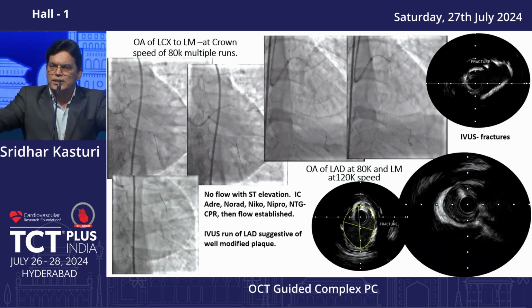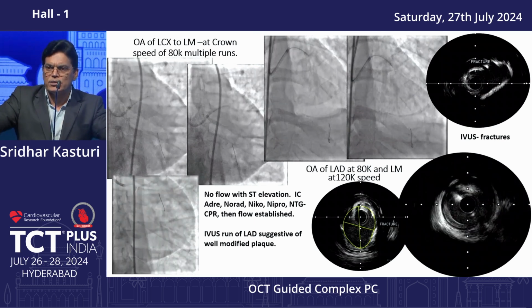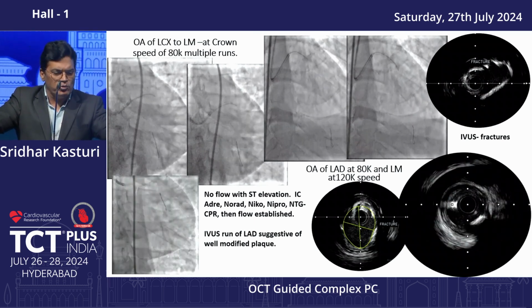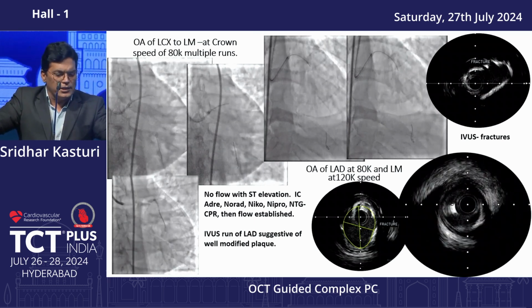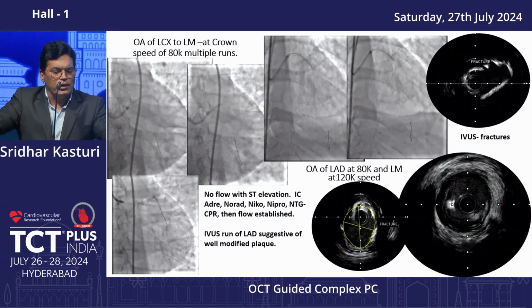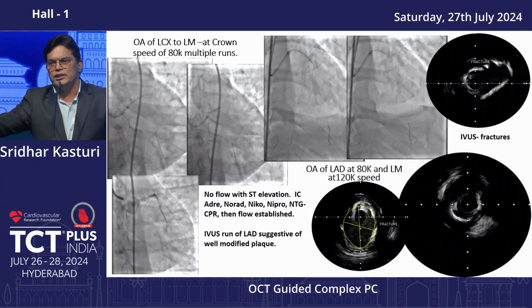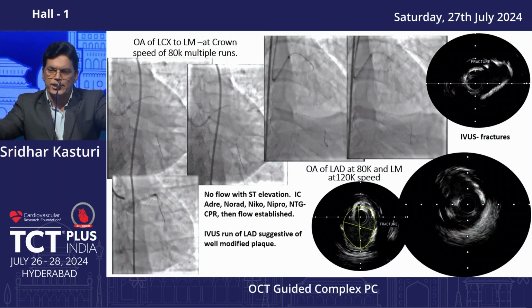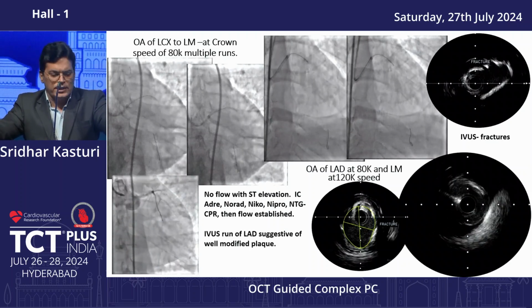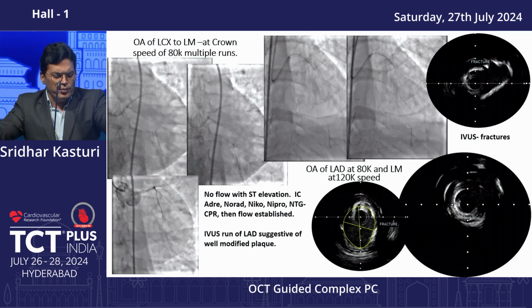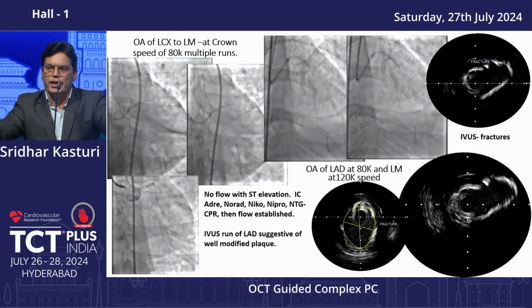Because of the significantly calcified LCX and LAD, we thought of doing orbital atherectomy. So we did the orbital atherectomy, crown speed is 80,000. Initially we did LM to LCX, and subsequently followed by LAD.